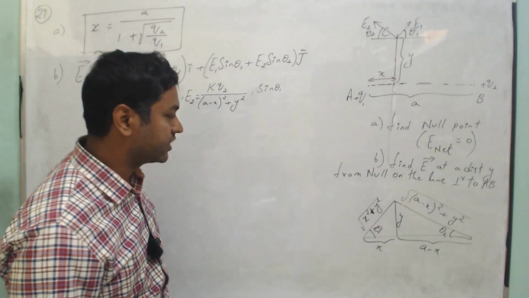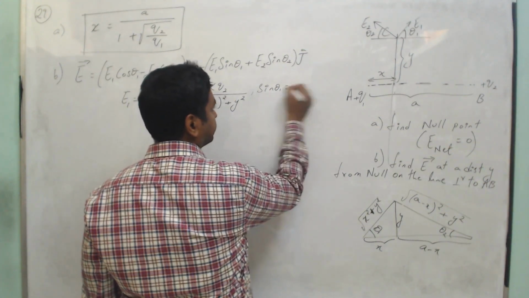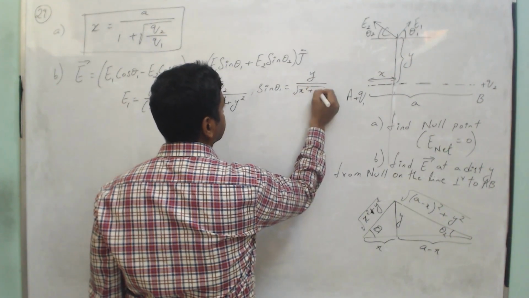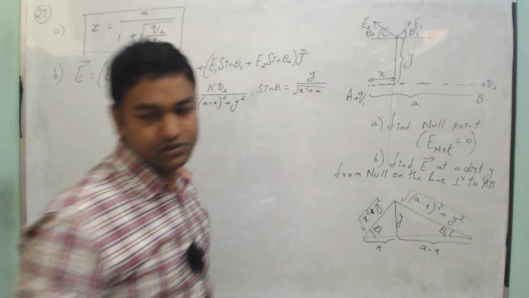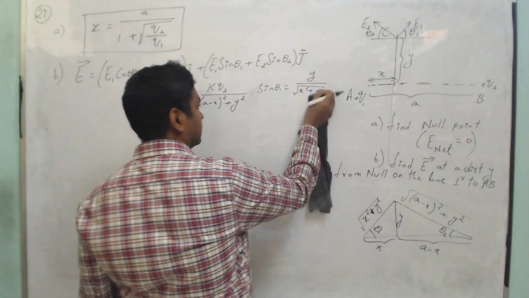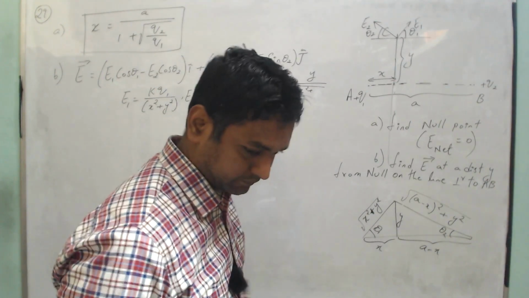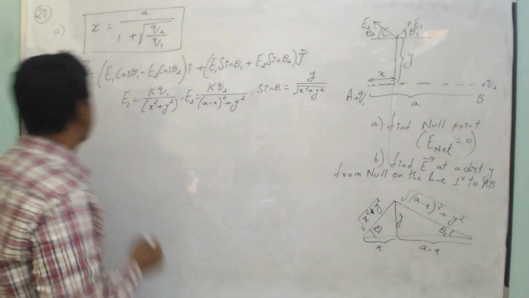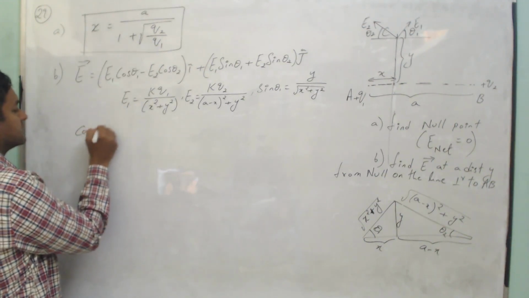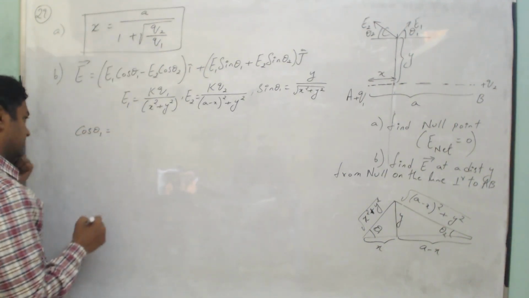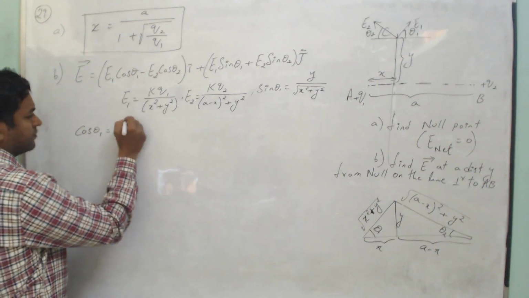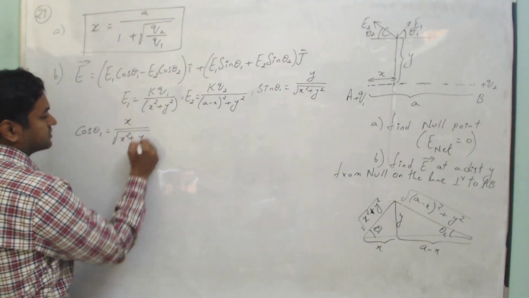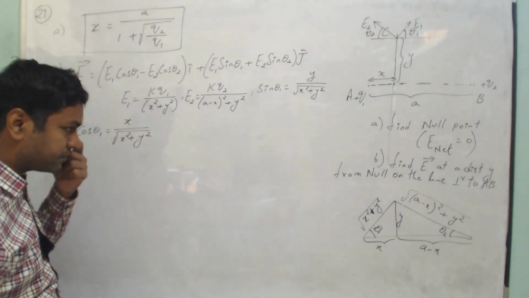Tell me, what is sine theta 1? It is y divided by square root of x square plus y square, right? Cos theta 1 is adjacent divided by square root of x square plus y square, right?